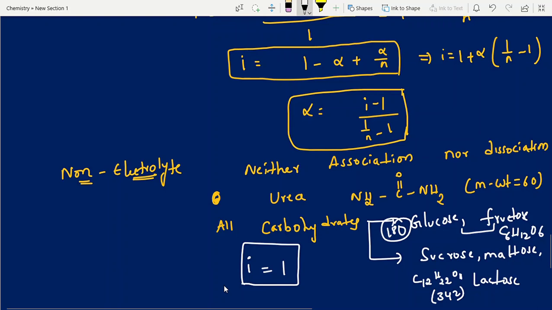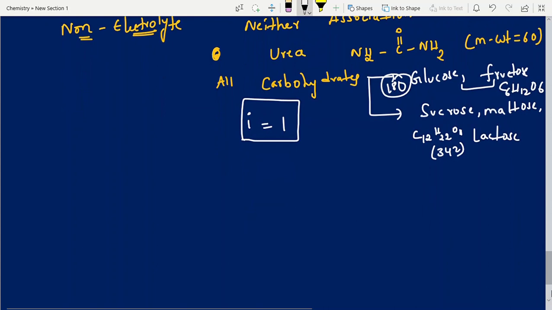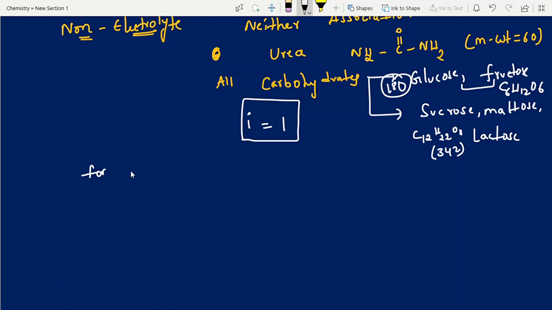Now next one, another important point I am writing. For dissociation type particles, what happens? i greater than 1.